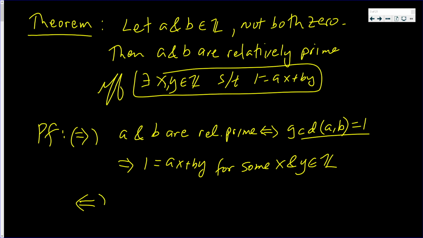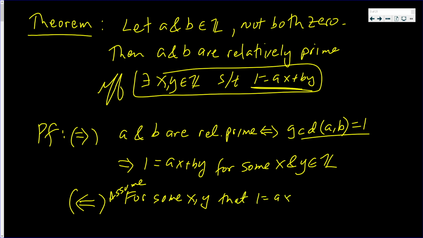Now we go the other way. We assume that for some x and y, 1 is equal to ax plus by.